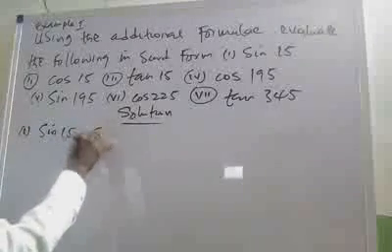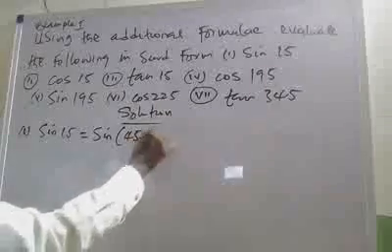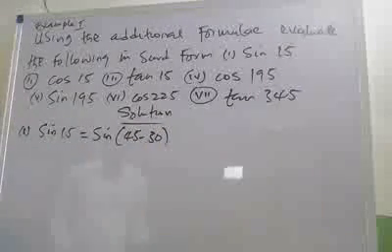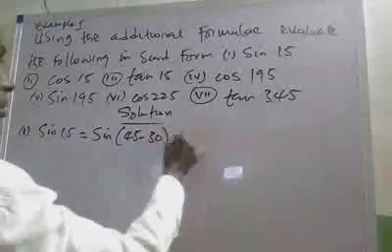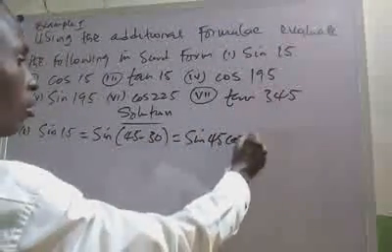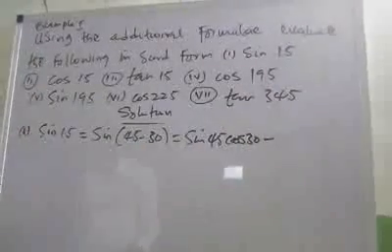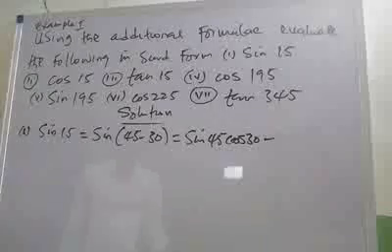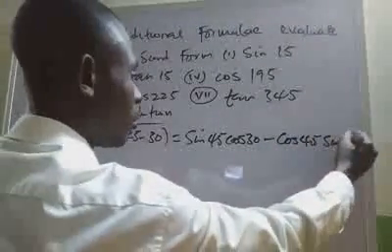So this is sine 45 minus 30, and by the addition formula this will be equal to sine 45 cos 30 minus cos 45 sine 30.